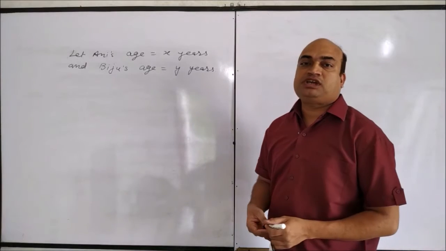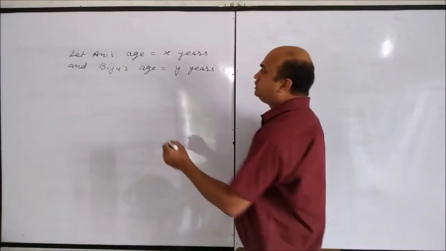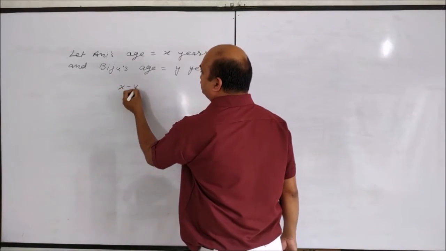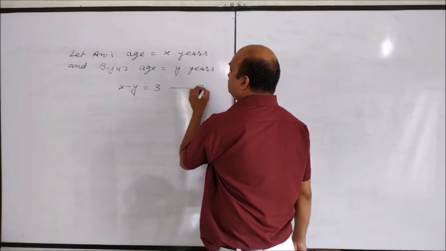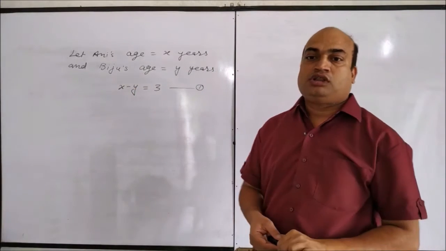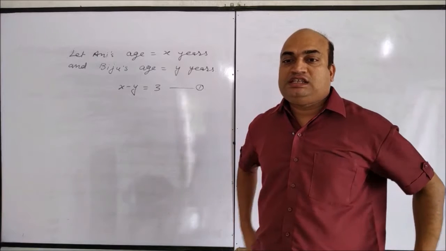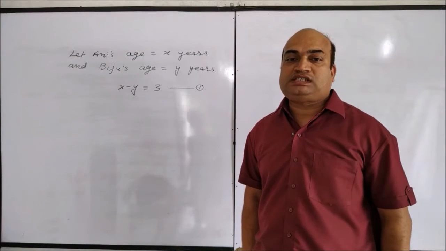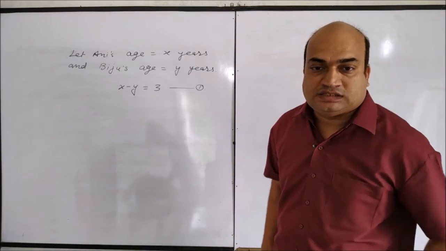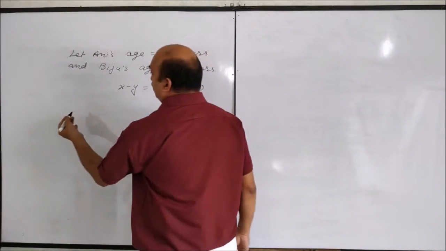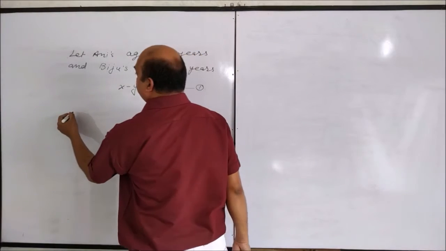The difference of their ages is given as 3, that is x minus y is equal to 3. This will be the first equation. Now it is said Annie's father Dharam is twice as old as Annie. So what will be Annie's father's age?